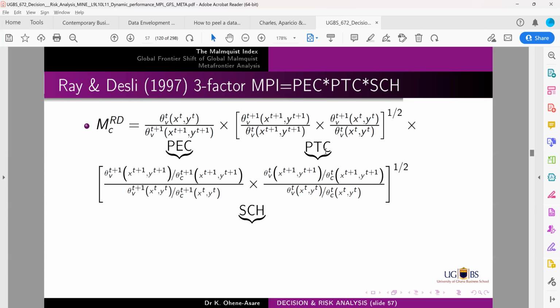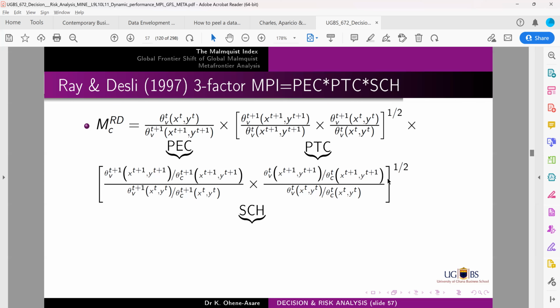Please note, anything relative to the VRS alone is called pure. That is why you have this efficiency change to be pure, because everything is under VRS. That is why you have the technological change here to be pure, because everything is under VRS. Remember that they are all raised to the power half.